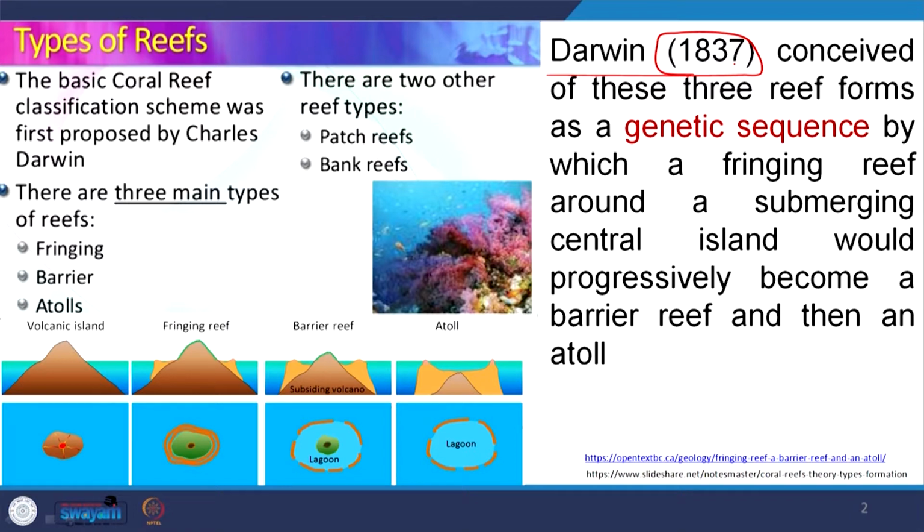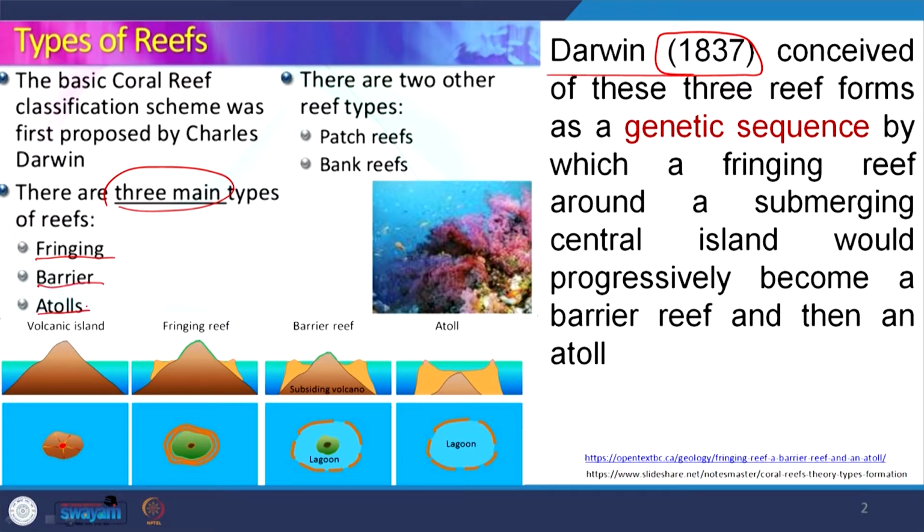The main aim is to categorize coral reefs into different classes, and based on those classes we can predict coastal subsidence, tectonics, climate, sea level rise, and so on. The basic coral reef classification was given by Darwin in three main types: the fringing reef, the barrier reef, and the atolls.